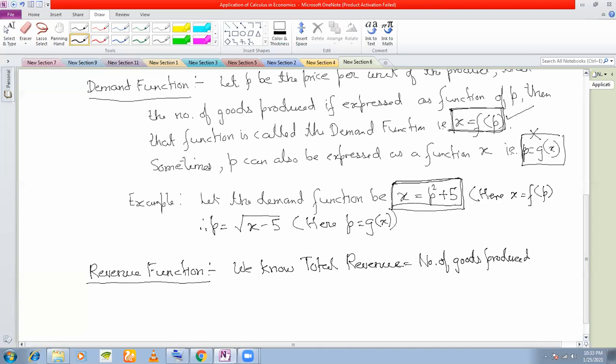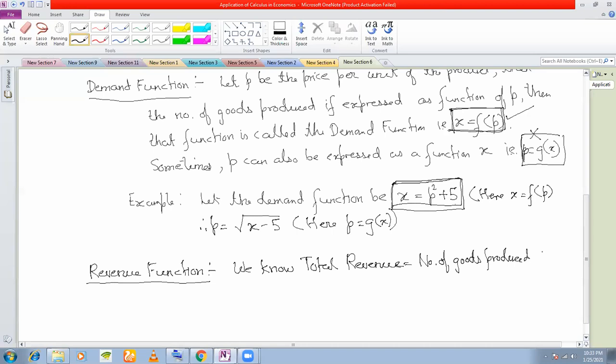You know what inventory is: opening stock, closing stock, buffer stock. So the number of goods produced, we are assuming, is the number of goods we are selling, because we produce as much as we can sell. We don't produce more than what we can sell.